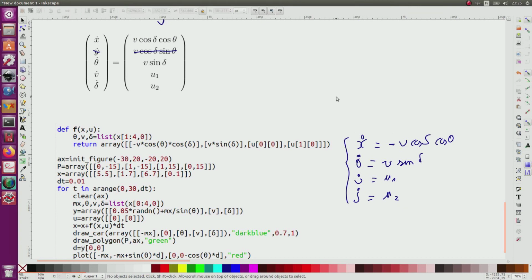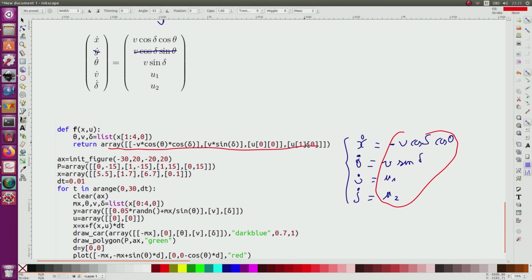The evolution function is coded here. I will initialize it like this, so we can see, for instance, the distance to the wall. This situation represents the wall here.